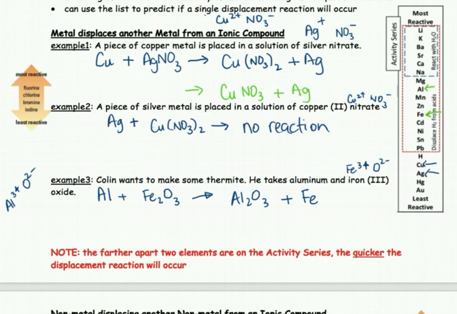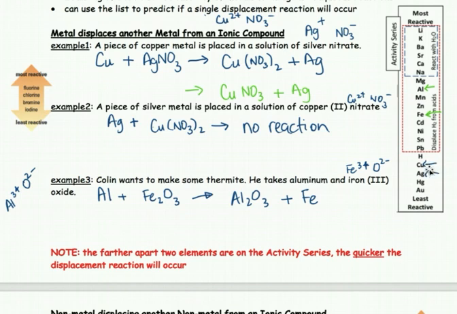So if you were watching this reaction, it would be quite slow compared to this aluminum and iron here, because the further apart you are, the faster the reaction will occur. Copper and silver are really close together on the activity series. Copper is higher, so it's a bit more reactive, so the reaction's going to happen, but it's going to take a lot longer.